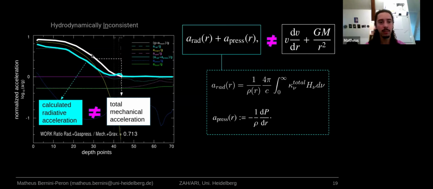So as you can see, both of these two curves are different because the radiative acceleration is not imprinting its shape into the total mechanical acceleration in the wind.